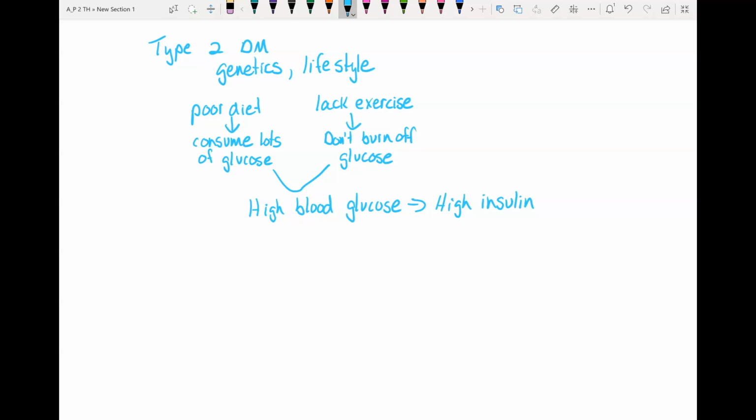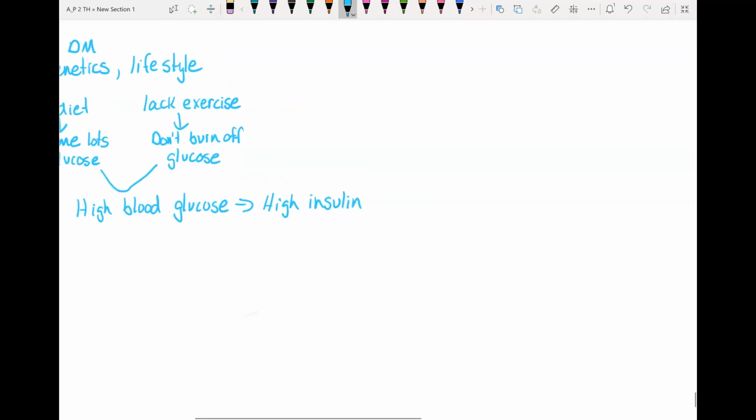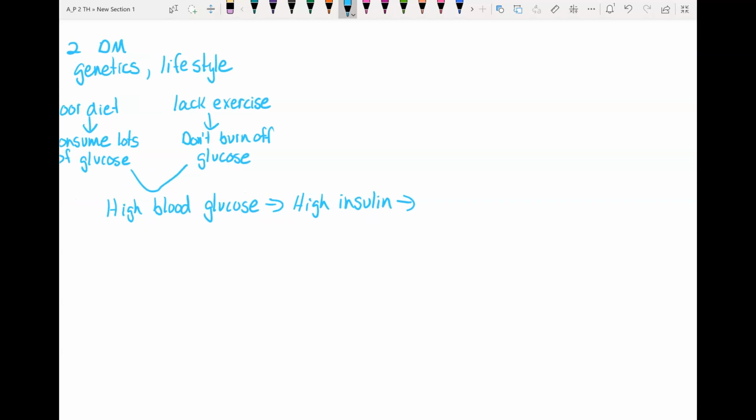The cell doesn't like that. And so it downregulates. It reduces the number of receptors it has. So having high insulin causes your cells to downregulate. So this means that they lose some of their insulin receptors.